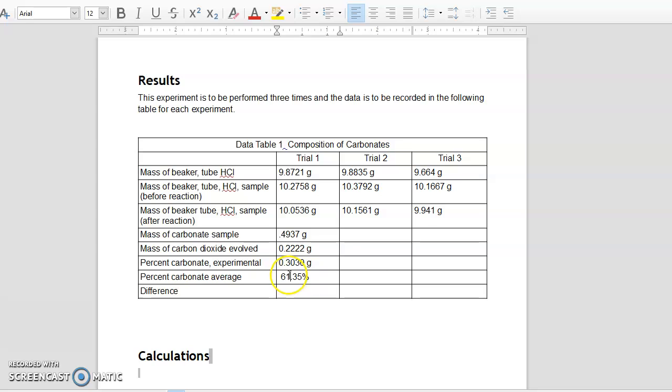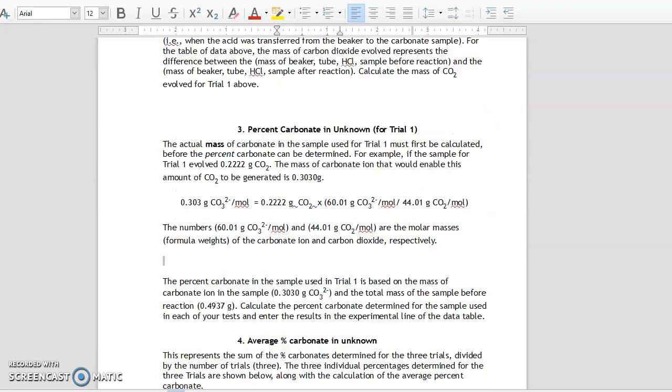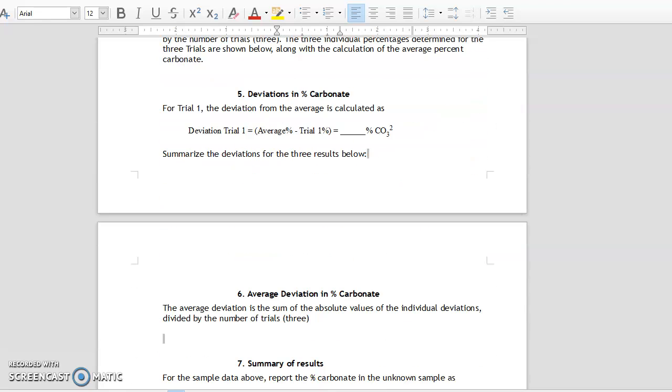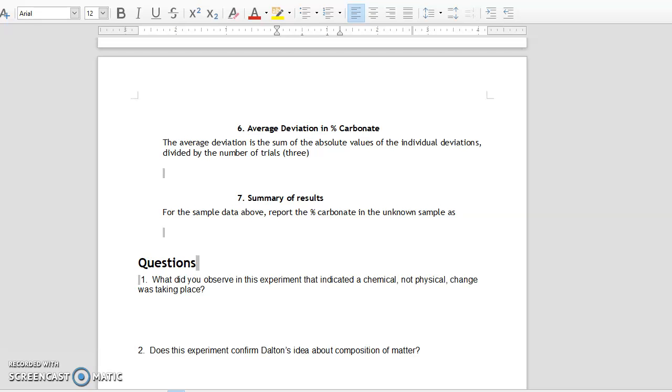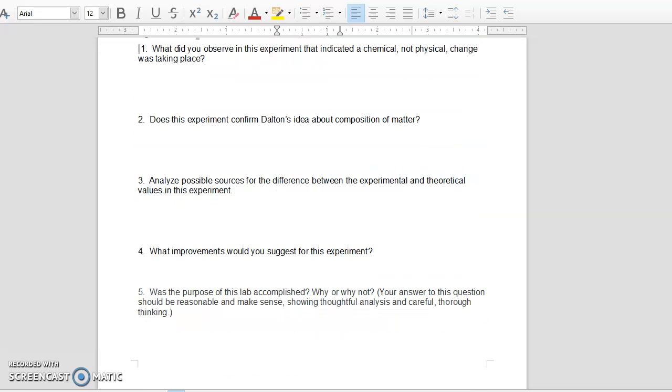So you've averaged these, okay, and that will allow you to then solve for these as well, so you can calculate all of those. And then following all of that, what you can then do is go on and get the deviations, the average deviations, the summary results, and then you can observe these different ones.